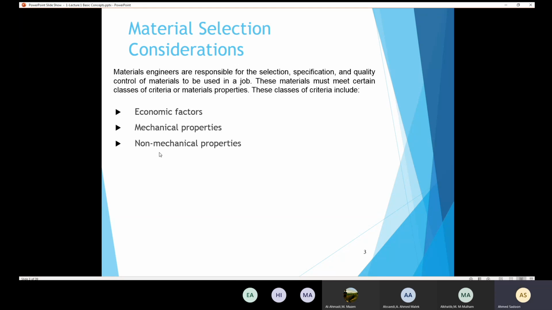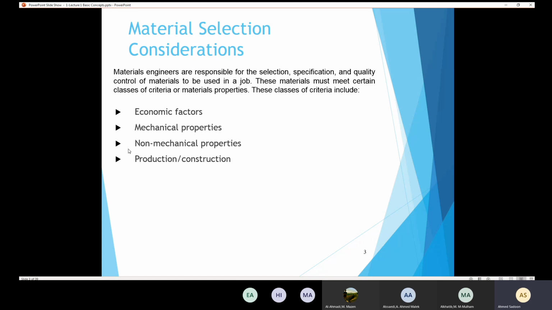Also, I have the non-mechanical properties, like the density of the material. You have material with high density, or material with low density. So I need to keep that in mind. Also how the material is going to respond to thermal properties.